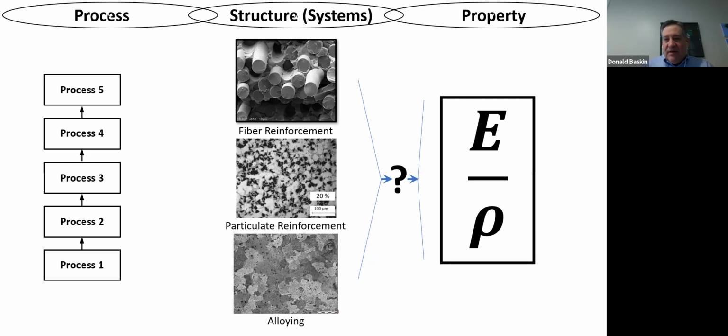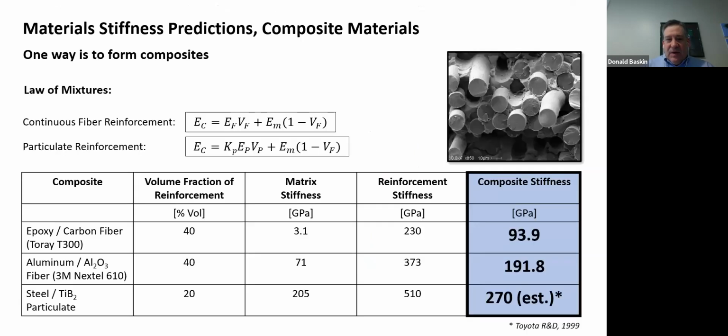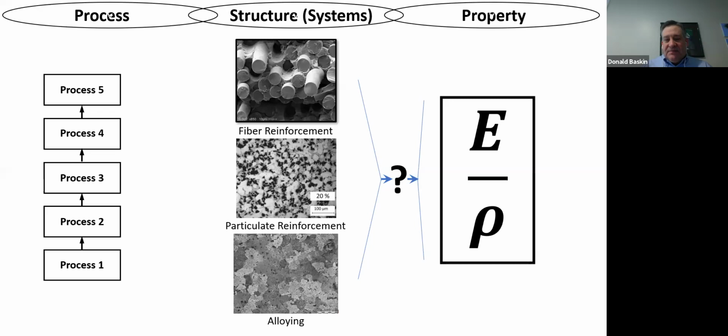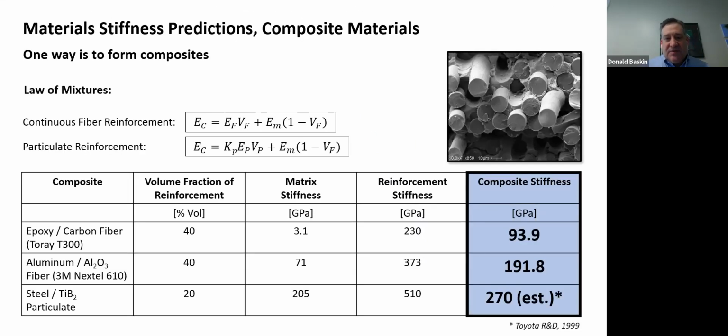Where we left off last time is we talked about the structure property link in design for stiffness for materials, more specifically design for stiffness to density ratio. We gave a simple example of how you can predict the stiffness of a material from the microstructure using composite materials and the law of mixtures.